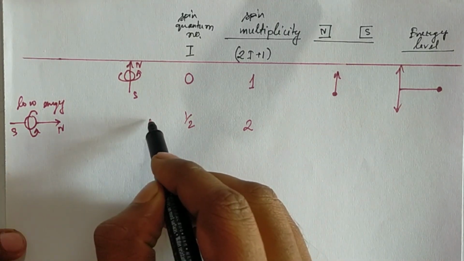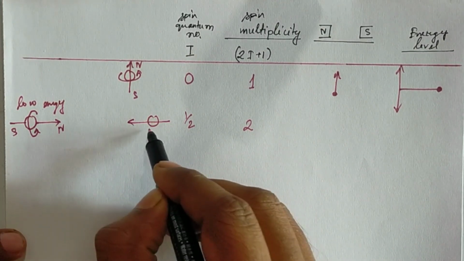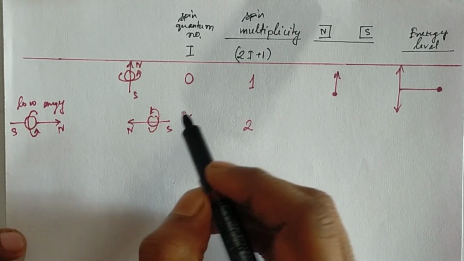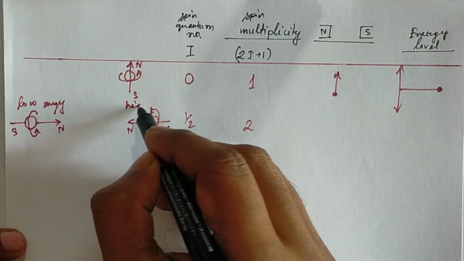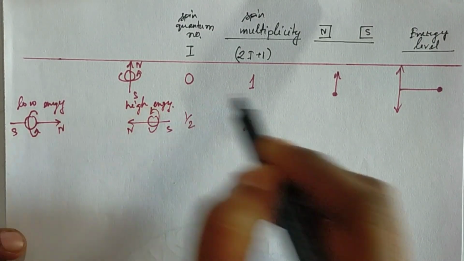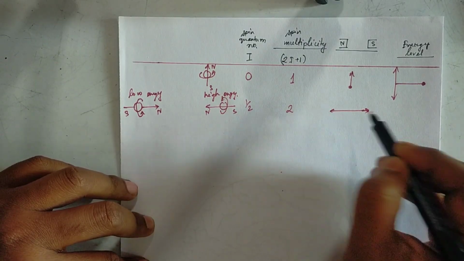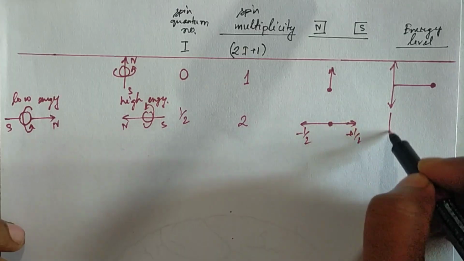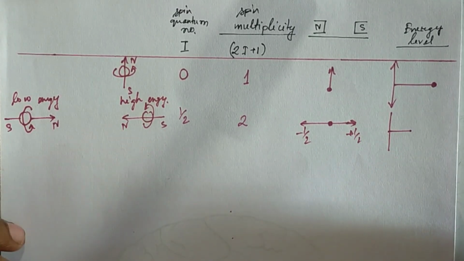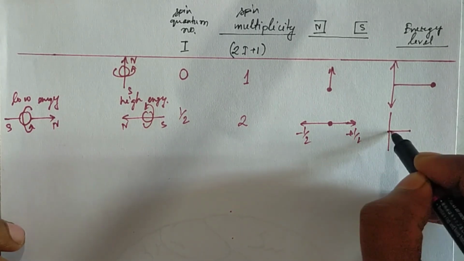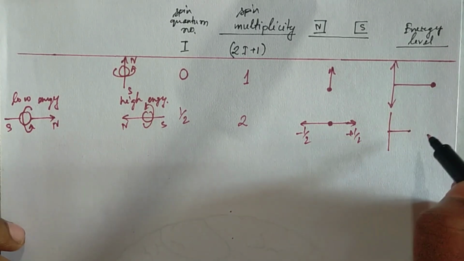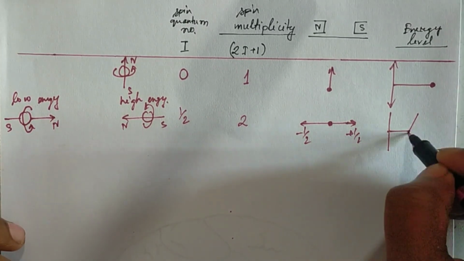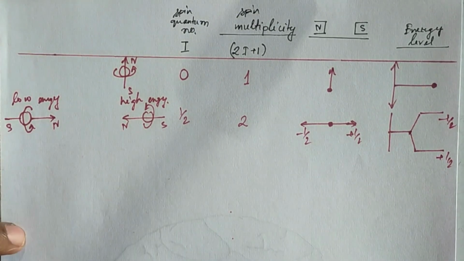Another orientation is in this direction, north, south, and it will have high energy. The energy level for the degenerate nucleus is this one, and for plus half it will be low, and for minus half it will be high.